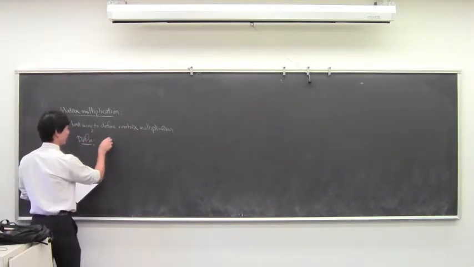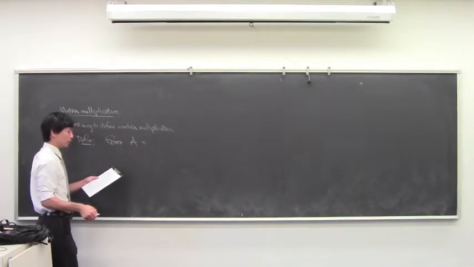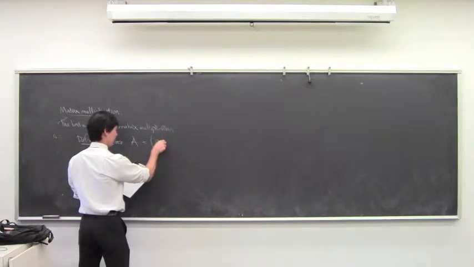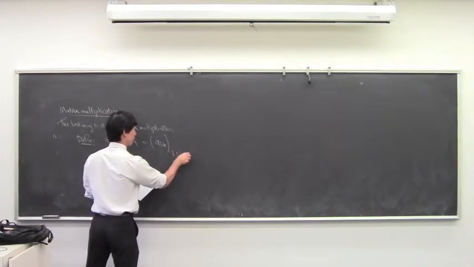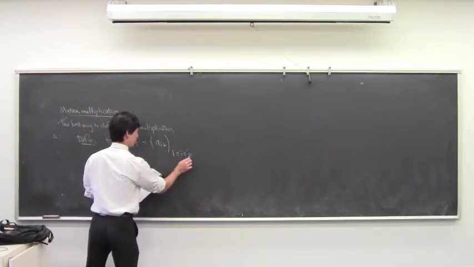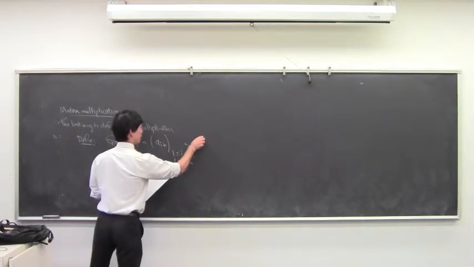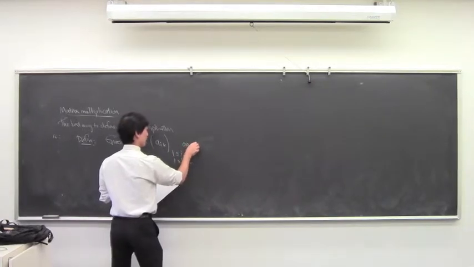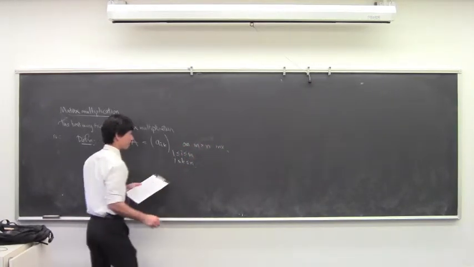Suppose you have a matrix A, given as aik, where i ranges from 1 to m and k ranges from 1 to n. So this is an m by n matrix.